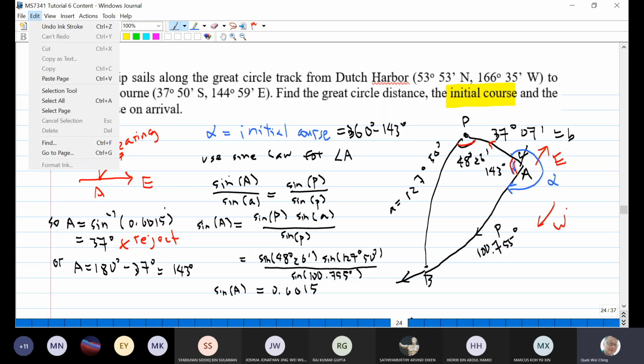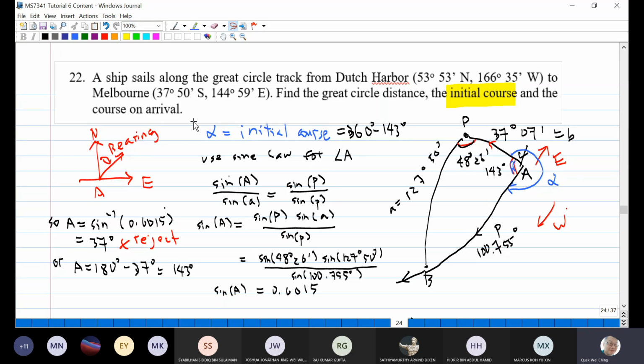So the alpha here, after the subtraction, is 217 degrees true bearing. Okay, this alpha is the initial course. 217 degrees true bearing. This is for finding the initial course.